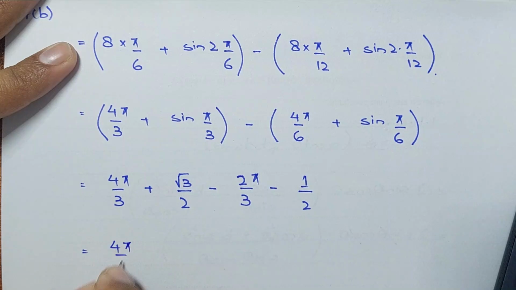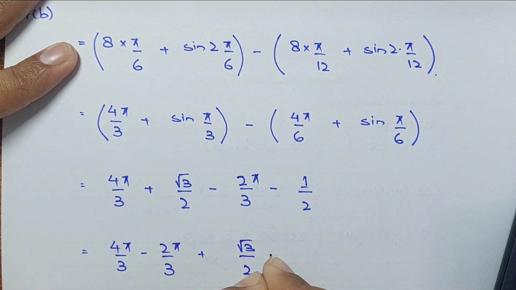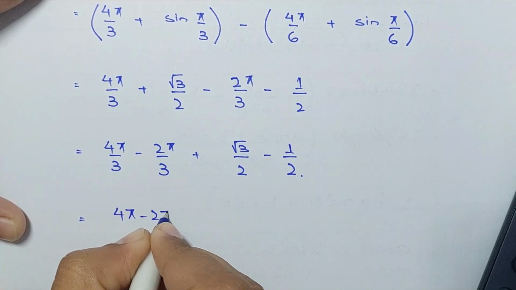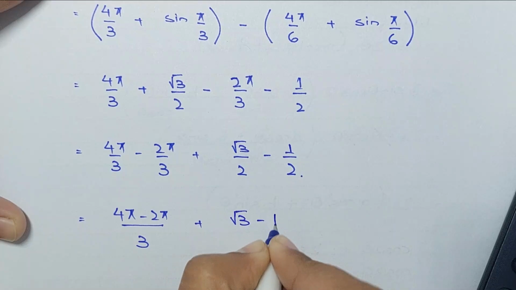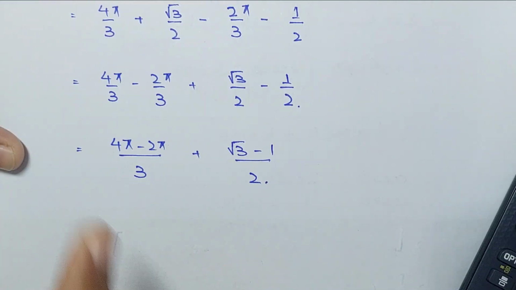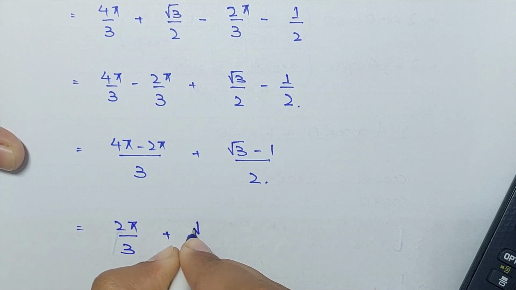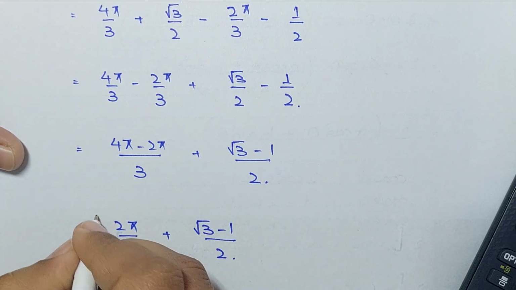So 4 pi by 3 minus 2 pi by 3 plus square root of 3 by 2 minus 1 by 2. Okay, so 4 pi minus 2 pi divided by 3 plus root 3 minus 1 divided by 2. So this would be 2 pi over 3 plus square root of 3 minus 1 divided by 2. So this would be the exact value of the integral.